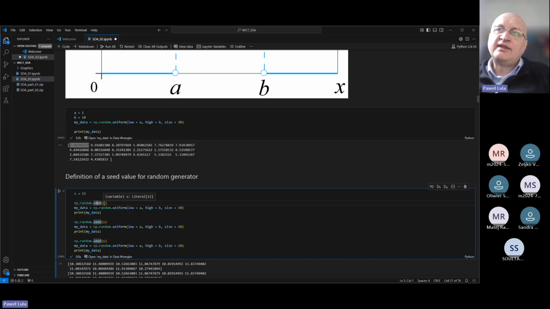Seed command, and I set this S value as a seed, as a starting point, a starting value for a generator of random values. I set here this value 12 as a seed, and I generated a series with 10 values.